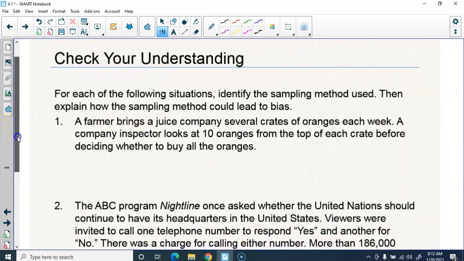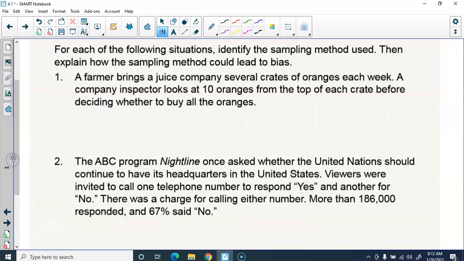All right, so let's look at this example and identify the sampling method used, explaining how the sampling method could lead to bias. A farmer brings a juice company several crates of oranges each week. A company inspector looks at 10 oranges from the top of each crate before deciding whether to buy all the oranges.